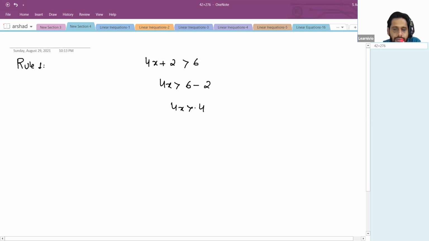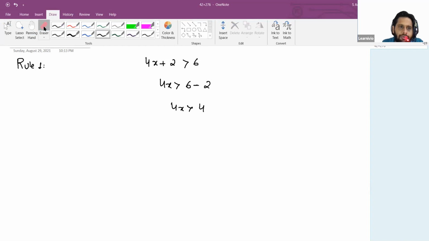For example, this was plus, this became minus, but the sign of inequality will not change. Any doubt in these rules? No, sir. Okay, very good.